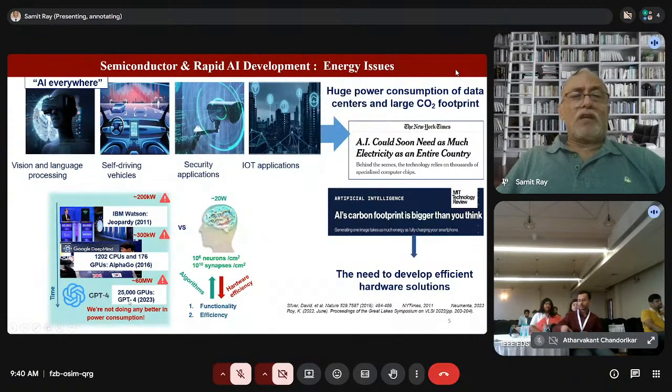Today, AI servers take more than about 100 to 200 megawatts. So that will be very big power.